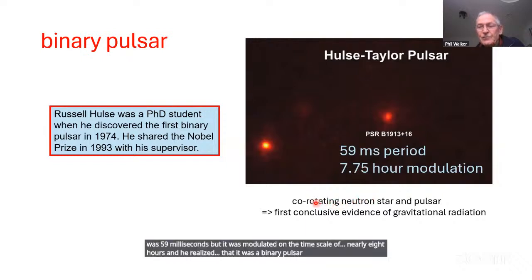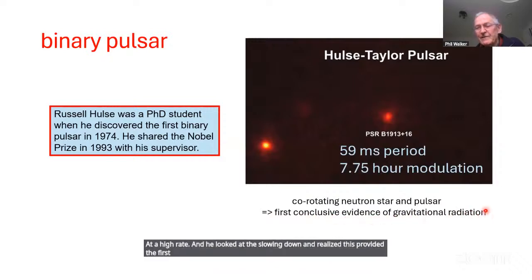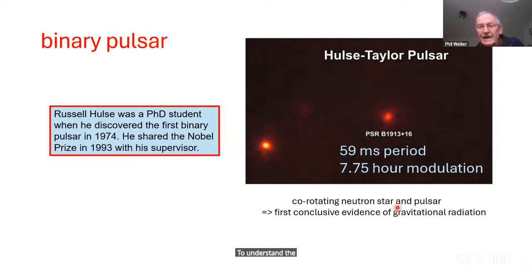So this rotation of two stellar objects at a high rate, and he looked at the slowing down and realized this provided the first conclusive evidence of gravitational radiation to understand the slowdown of this rotating system. And he won the Nobel Prize, which he shared with his supervisor, in 1993.